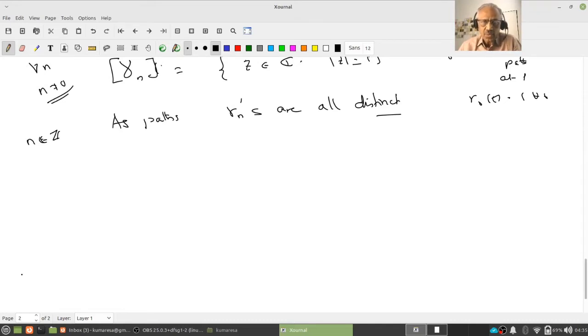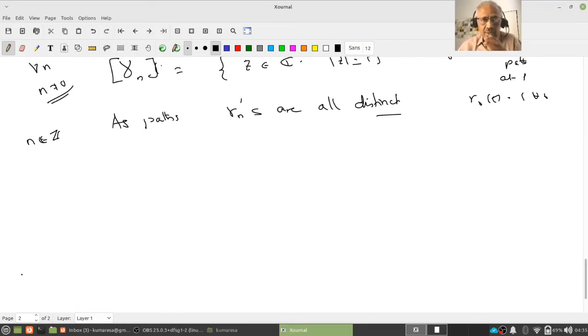So what do I have to remember? At the common endpoints of the partitioning subintervals, gamma prime of t, as I approach from the left side or from the right side, the left derivative and right derivative may differ. We will look at an example. That's going to be the next example.